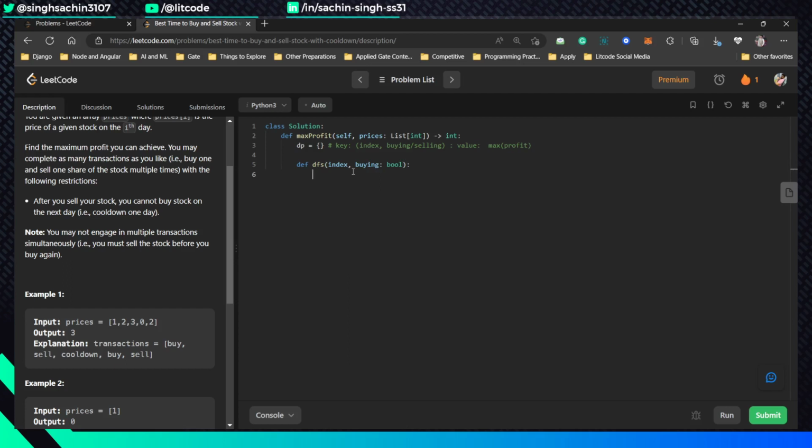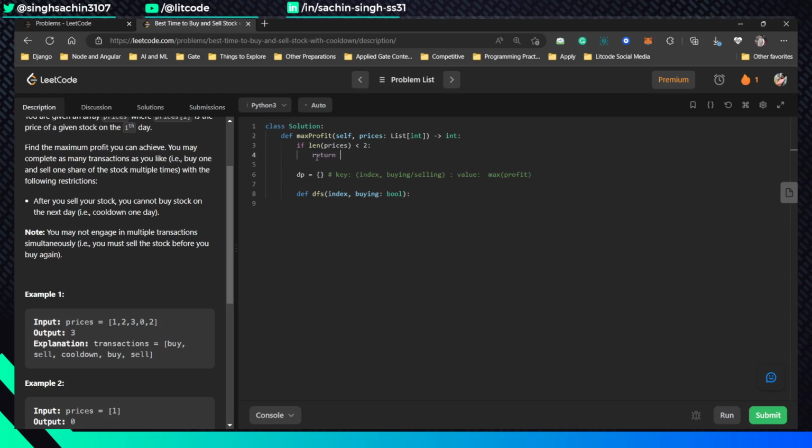If the length of prices is less than 2, we cannot even buy and sell a stock, so we cannot make any profit.